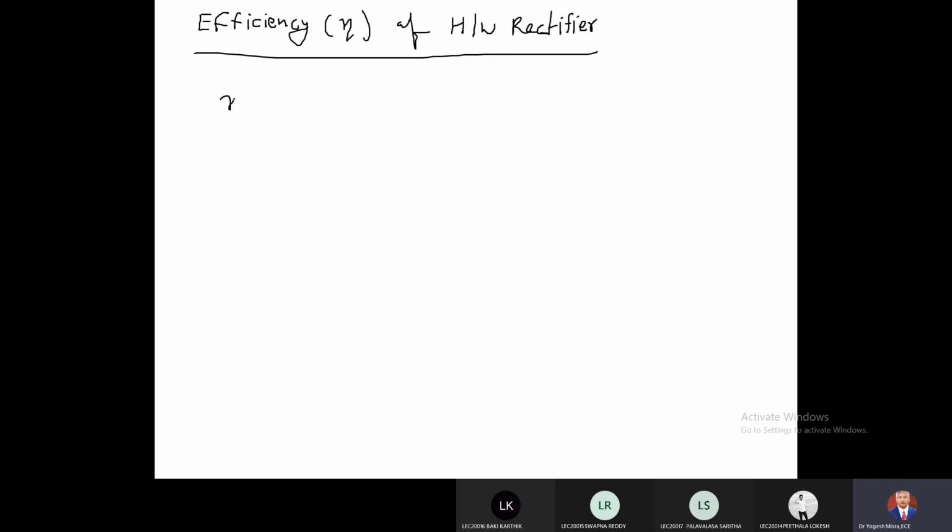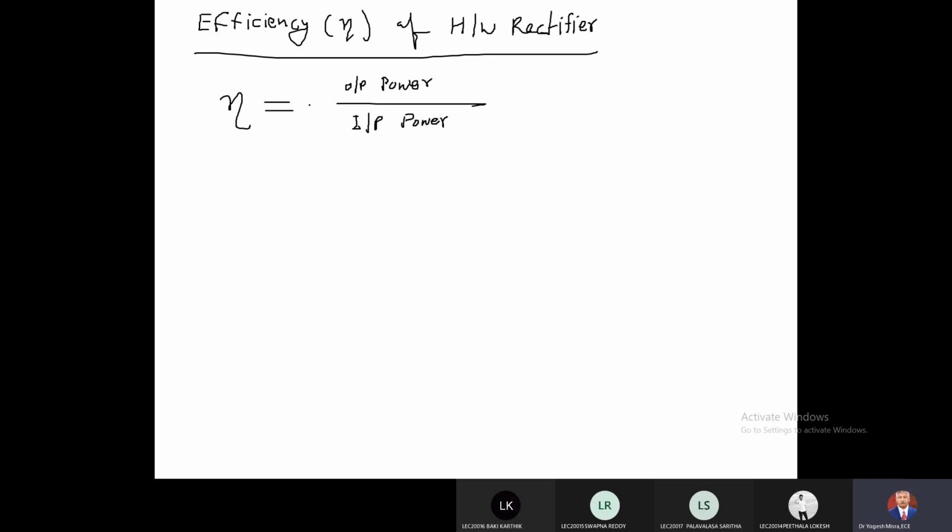Right? So what is the efficiency? Efficiency is output power by input power, right?